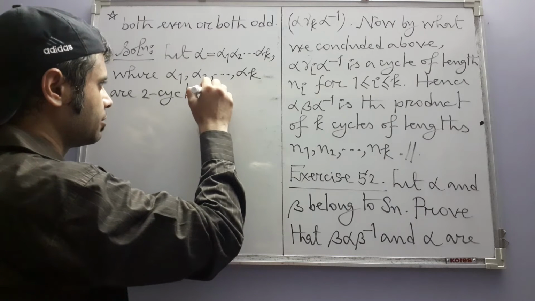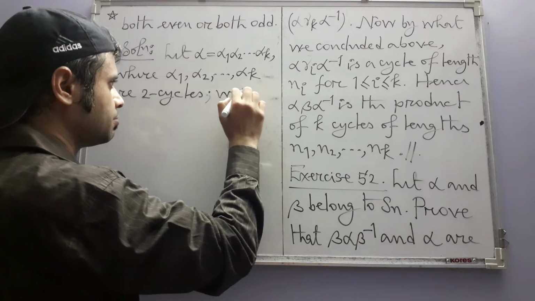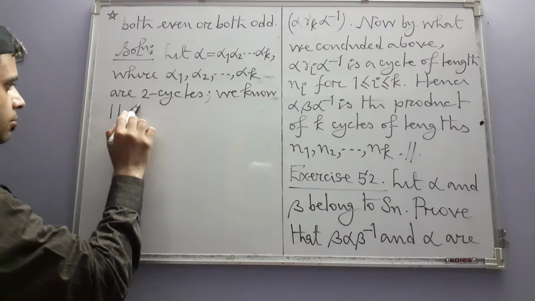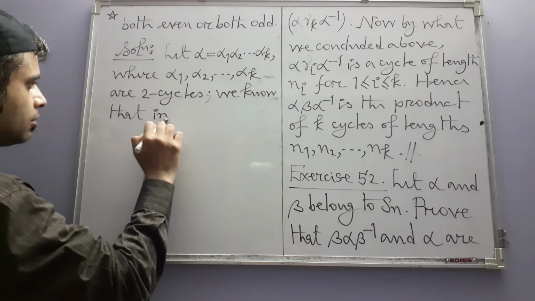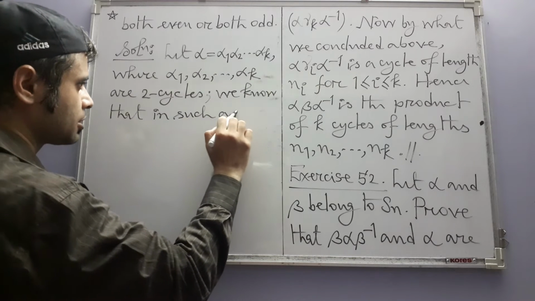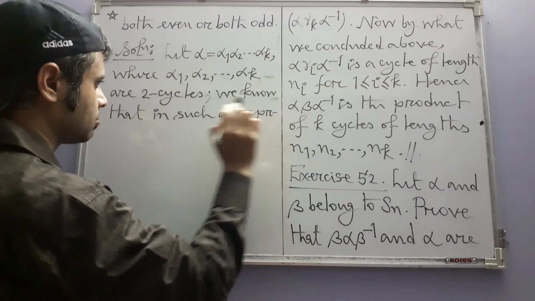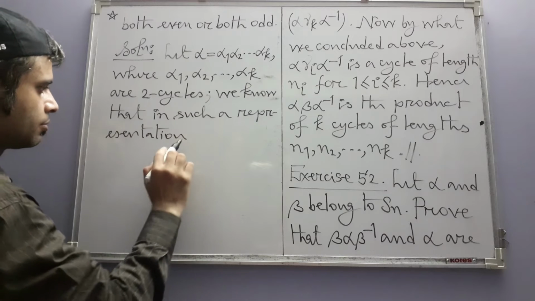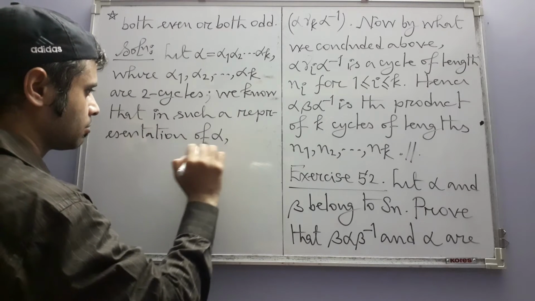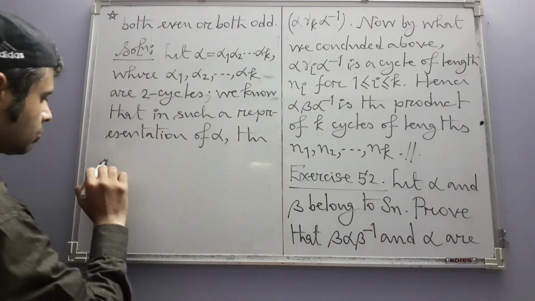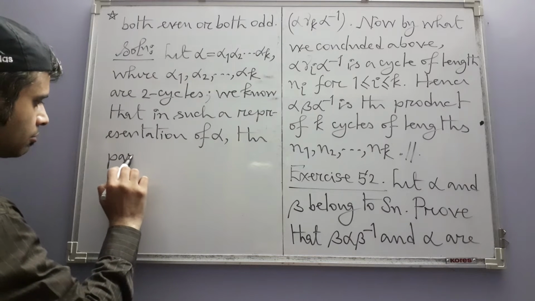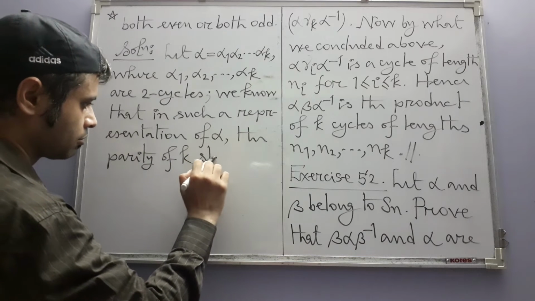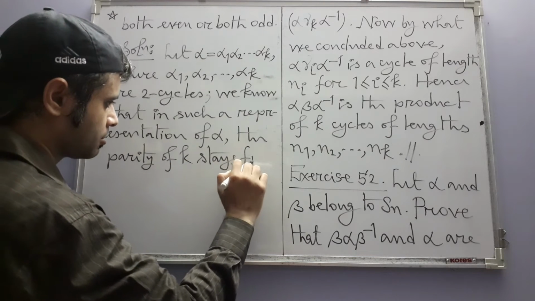So we know that in such a representation of alpha, the parity of k stays fixed.